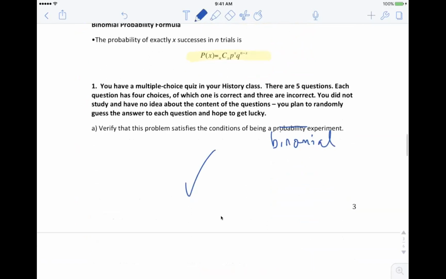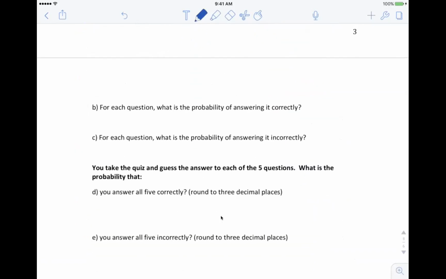Let's continue. For each question, what's the probability of answering it correctly? In other words, for 1 question, what's the probability you get it right? Remember, you have no idea about history and you're just completely guessing. So the probability that you get a question right, there's only 1 right answer out of 4 possible choices. So 1 out of 4, or you can write that as 0.25, 25%. For each question, what's the probability of answering it incorrectly?